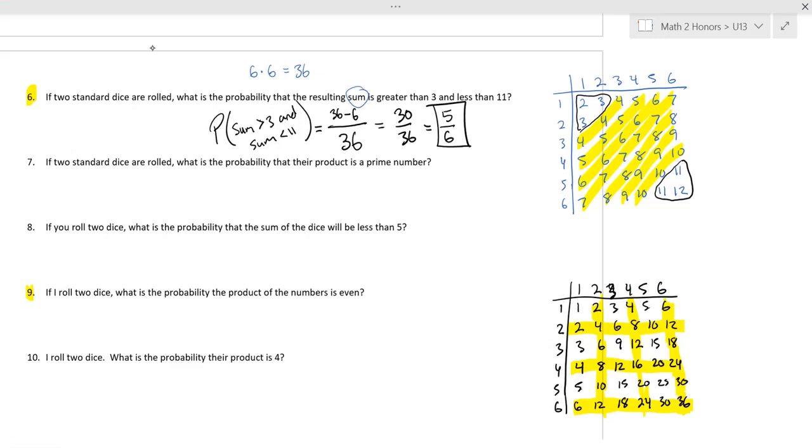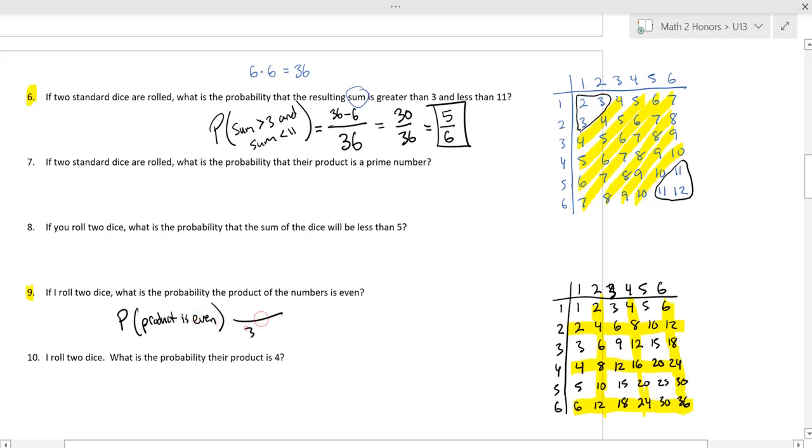And so writing this out, the probability that the product is even. It's out of 36.